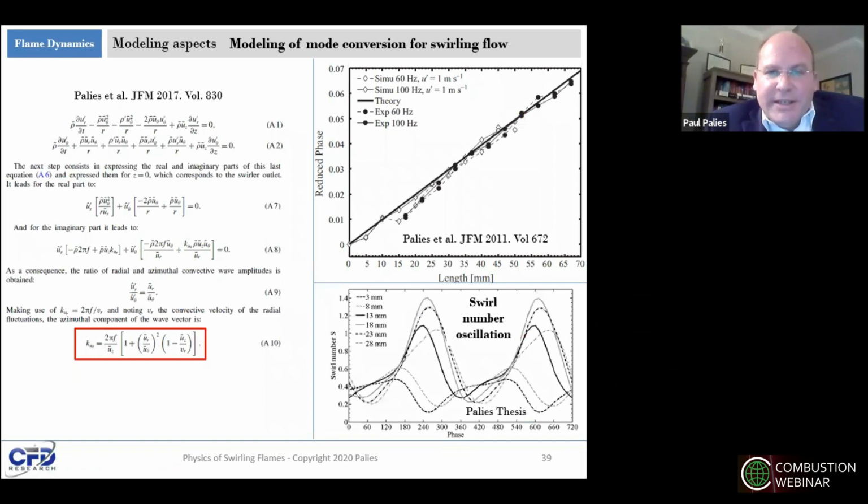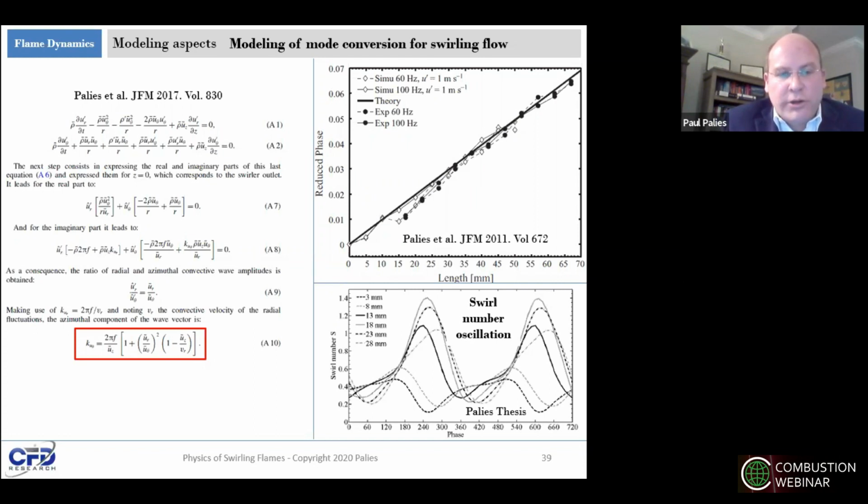So more recently, the effect of fluctuations that propagate downstream of the swirler was investigated analytically, and I show that the azimuthal fluctuation, in a 3D model, propagates at the convective speed. So while the axial fluctuation propagates at the acoustic speed, the azimuthal fluctuation propagates at the convective speed.